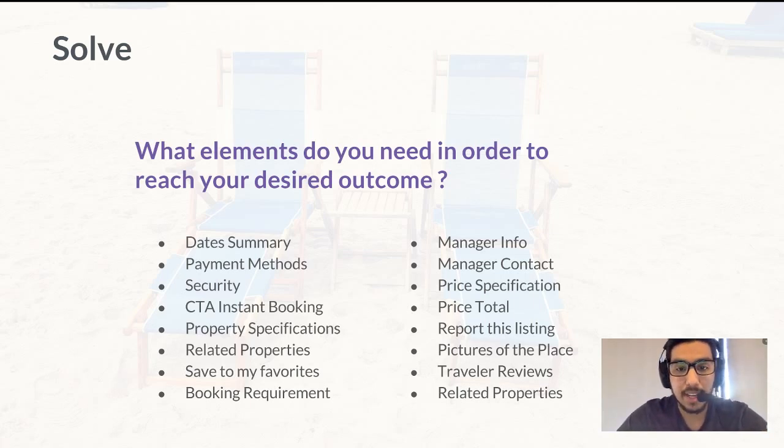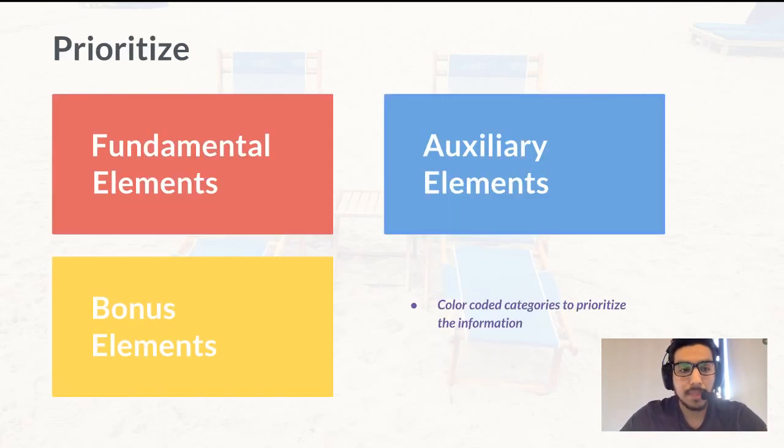And after this, we're going to prioritize all this information. And we will have three main categories. The first one is the fundamental elements. The fundamental elements are those that are the core of the page. Think of these as the elements that are absolutely needed in order for the purpose of the page to be completed.